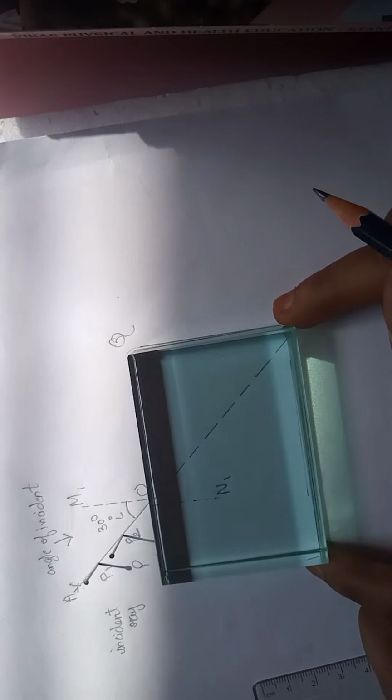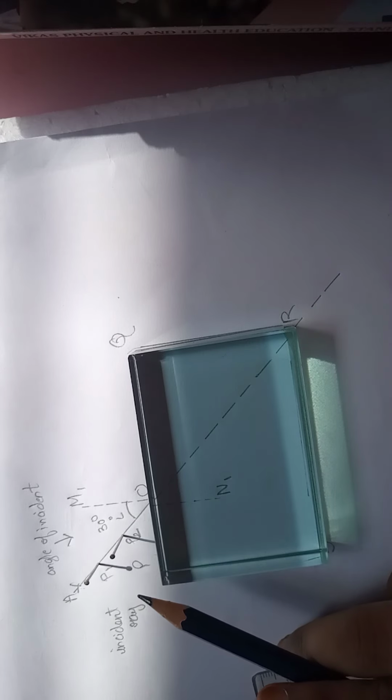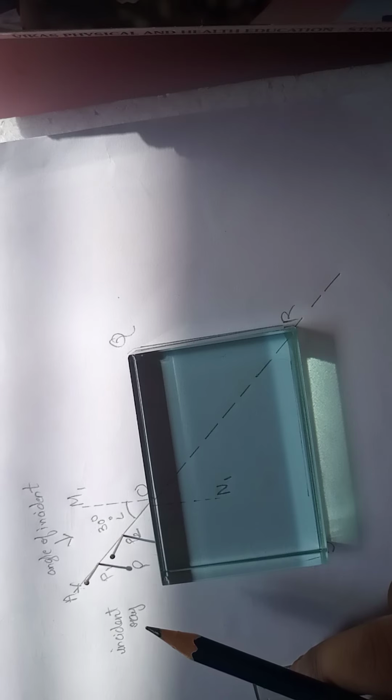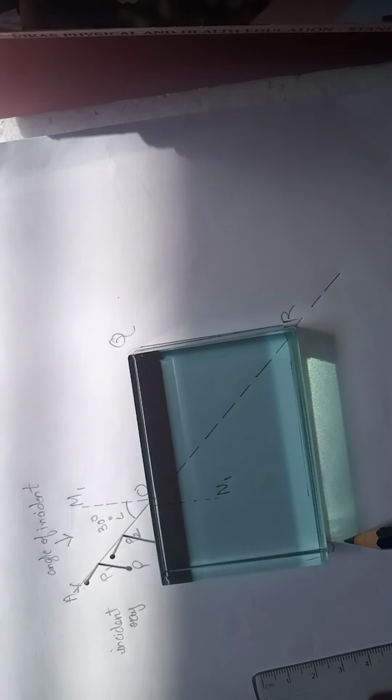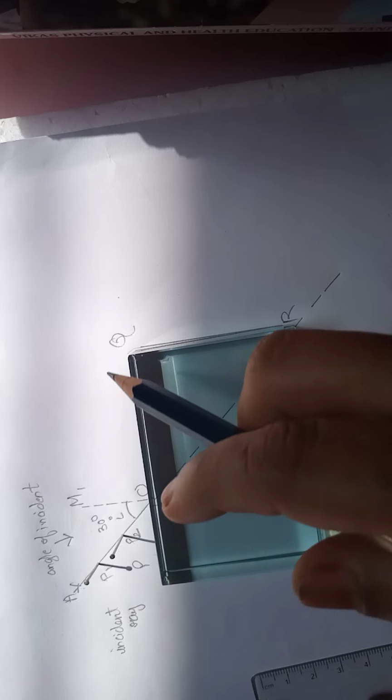Now I am going to observe the image of the bases of pin 1 and pin 2 through the glass slab from the SR side, and I am going to place two new pins such that the bases of these pins are exactly in line with the image of the base of the pins which are fixed on the PQ side.